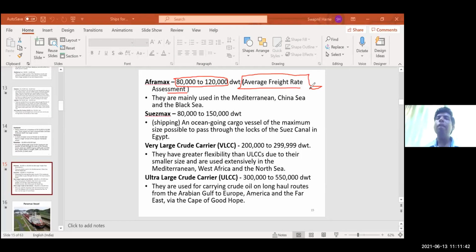Now considering this COVID third wave scenario, if you consider that the market may go down more, today, 13th June, I am getting this freight rate of $1,000 per metric ton. Tomorrow, due to the third wave, if I feel that it may go down to $500 or $700, basically I will be under loss.